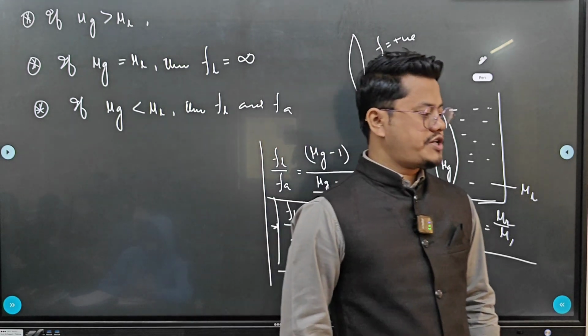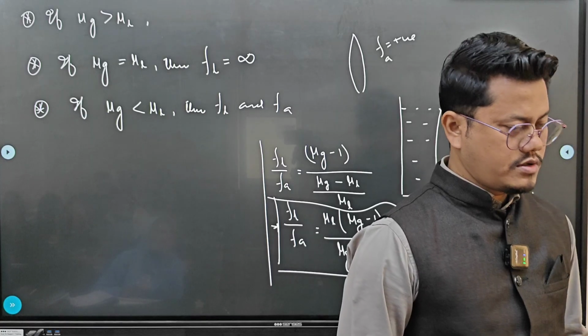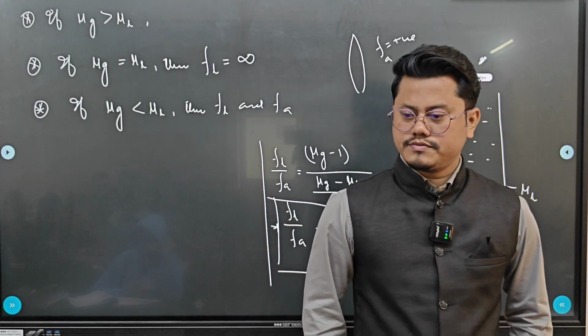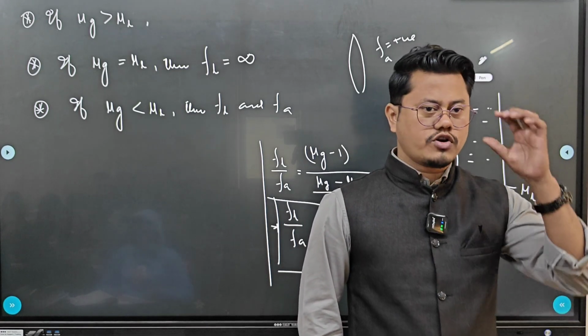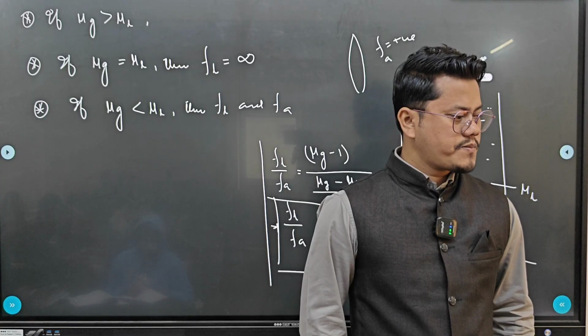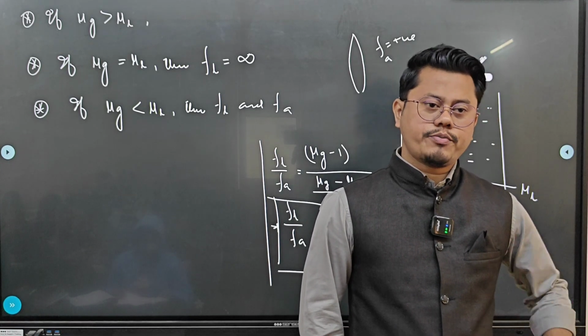So these are some of the interpretations. Are you getting it? Is there anything you want to ask? Please do let me know if you have anything to ask. I hope you understand, right?